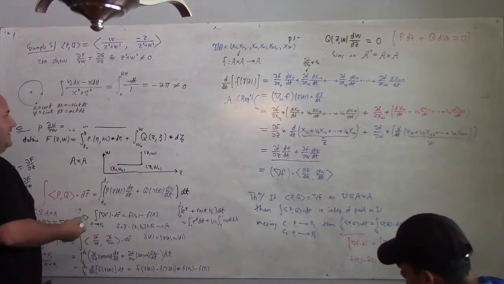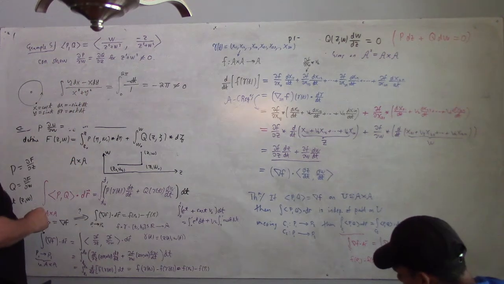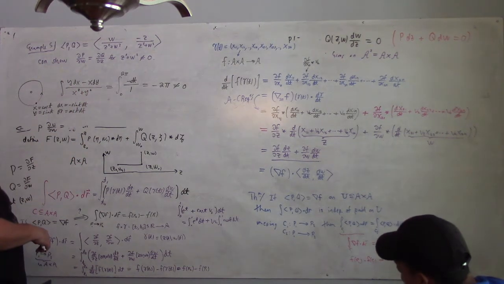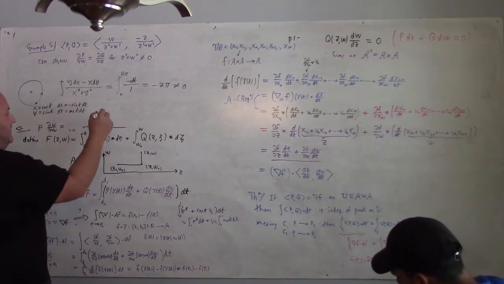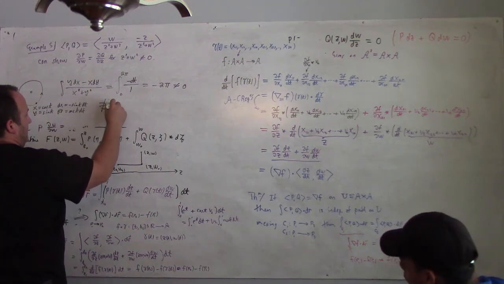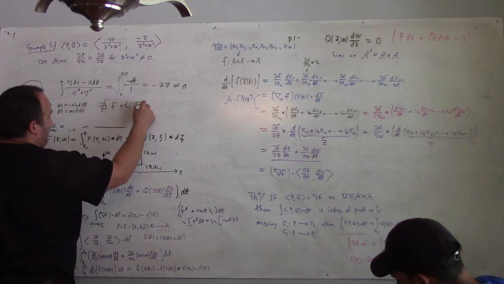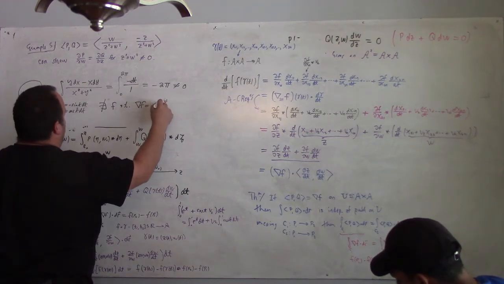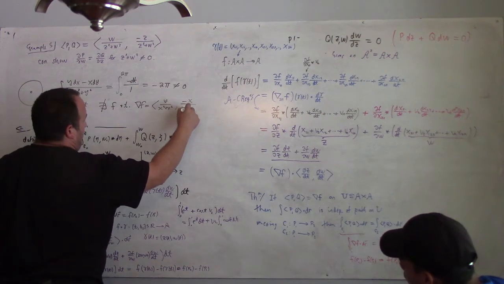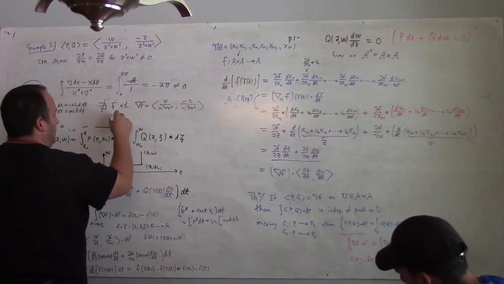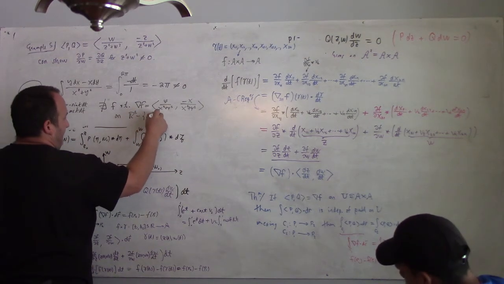Therefore, this vector field cannot be expressed as the gradient, right? So there does not exist f such that gradient of f equals y over x squared plus y squared, minus x over x squared plus y squared, on R2 minus the origin, right?